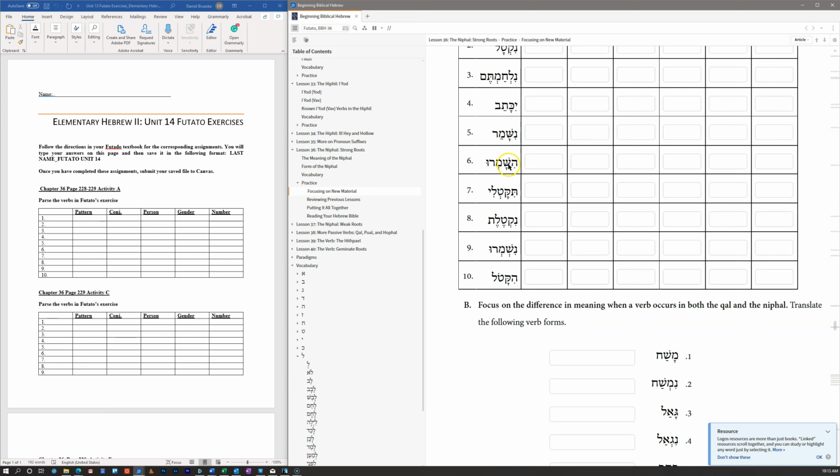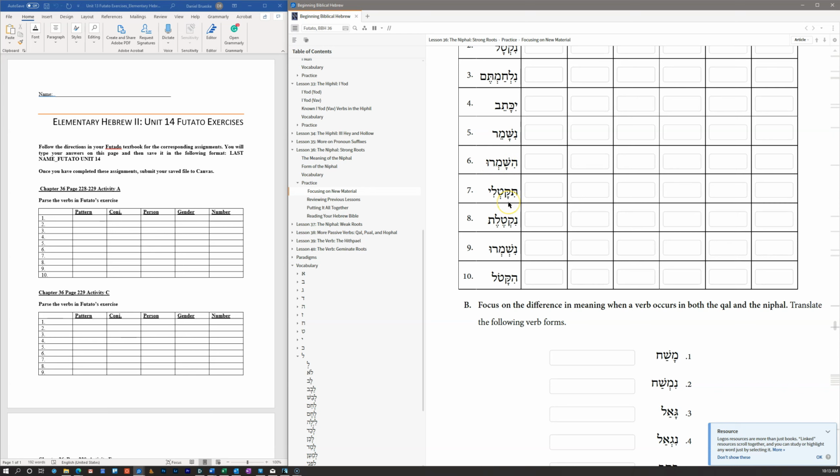It wants to keep that Niphal assimilated, so this hey comes in to hold the Niphal inside of the R1 letter. So this is going to be either infinitive construct or imperative, and the shureq here tells us the difference. This is going to be a Niphal imperative 2MP form of shamar.